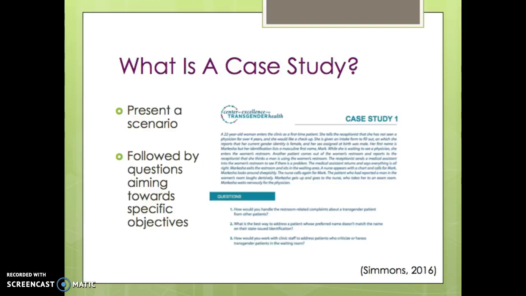These scenarios for a healthcare setting can often be patients that you're getting as new admissions, followed by some questions aiming at what you might do first for this patient. Another scenario could be a list of patients that you just got after report, and then the questions afterwards might aim at who you see first.